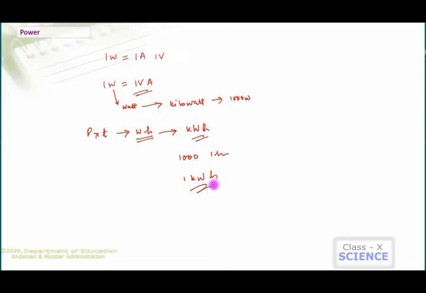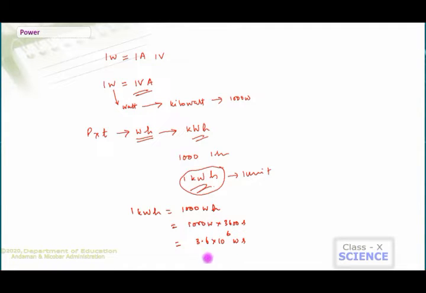Got it, children? Now this 1 kilowatt hour is said to be 1 unit. So 1 kilowatt hour is equal to 1000 watt hour, which is equal to 1000 watt into 3600 seconds, since we know that 1 hour is equal to 3600 seconds. So finally we will get 3.6 into 10 to the power 6 watt second.